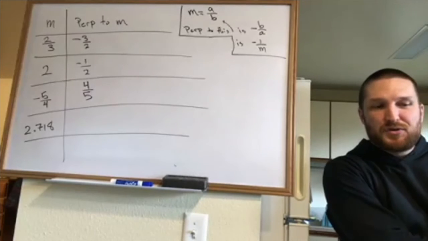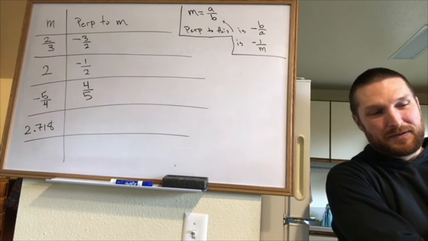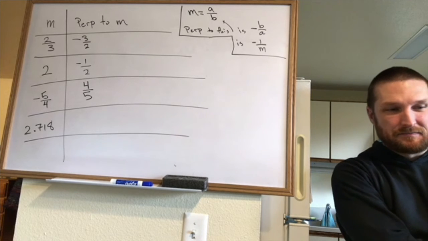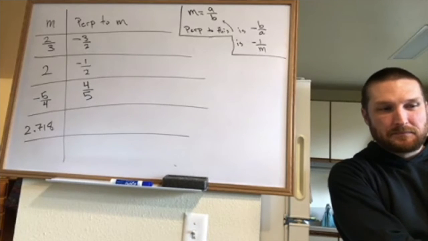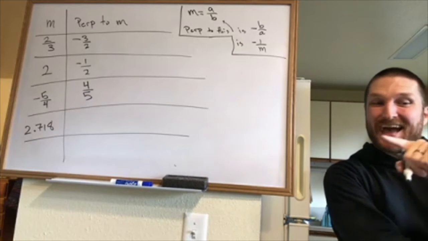Don't think too hard about this. What would be the perpendicular slope to 2.718? Don't, in your head, try to turn that into a fraction.